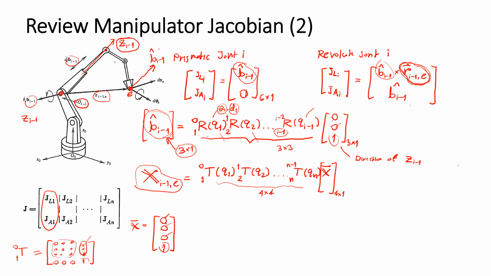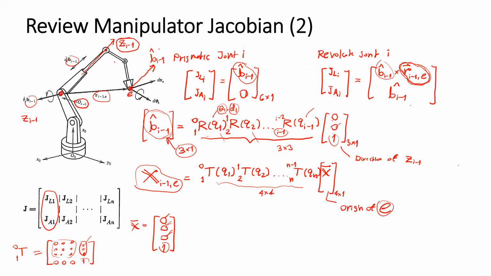The 0, 0, 0 means the x vector indicates the origin of the n effector frame.